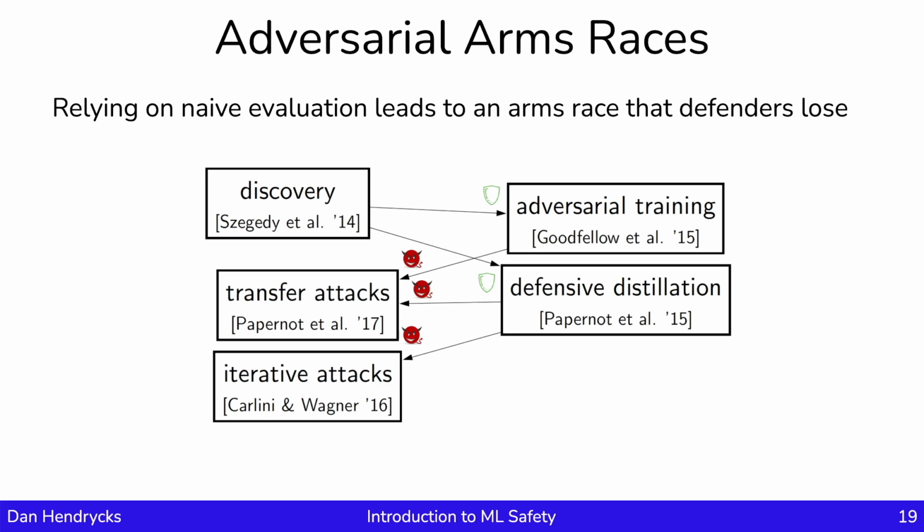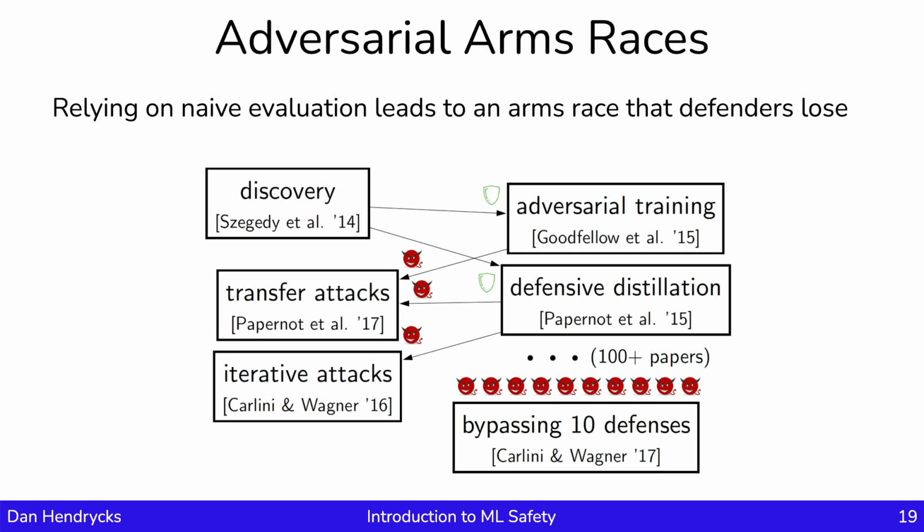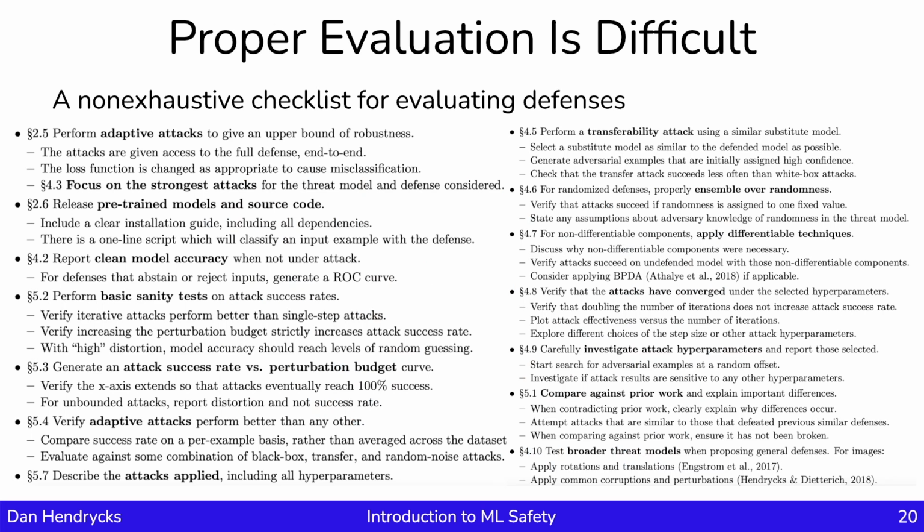But somewhat thereafter, defenses were subverted by new attacks. This interplay between attack and defense, this cat and mouse game, continued for many more papers, and in 2017, Carlini and Wagner wrote a paper where they bypassed 10 defenses in the same paper. This shows that there were many defenses proposed, and many of them didn't ultimately hold up. Consequently, researchers can get adversarial evaluation wrong.